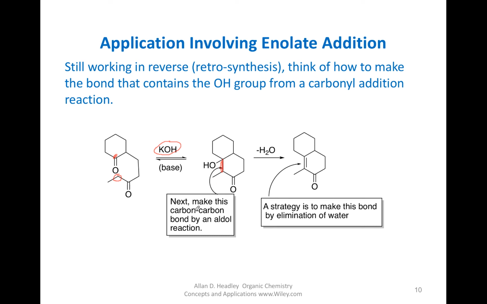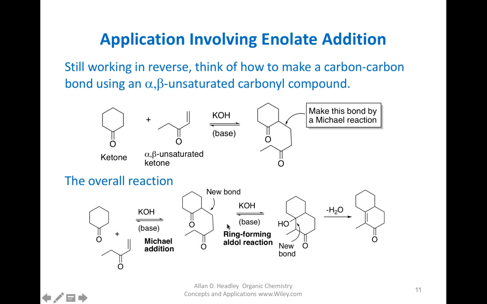So next we want to make this carbon-carbon bond by an aldol reaction. That's also called the Robinson or the ring forming reaction. Let's see if we can go further back.